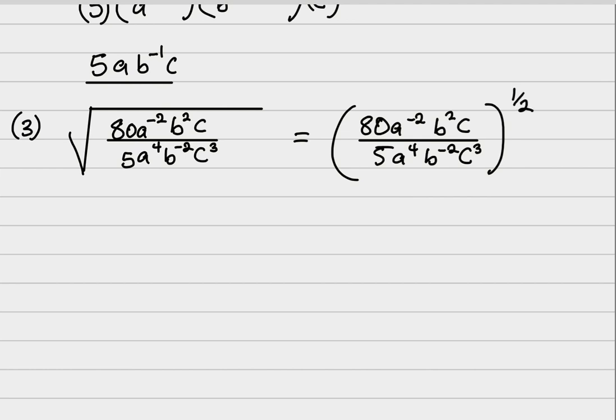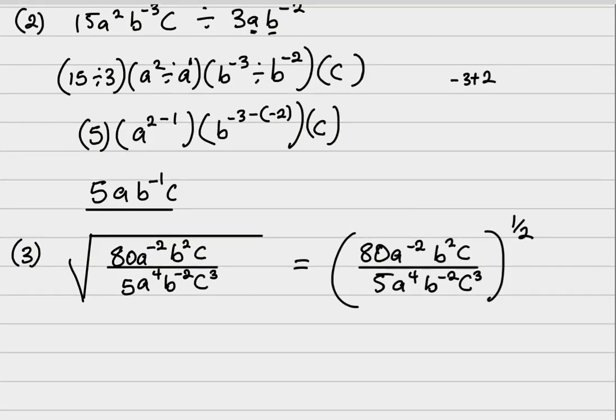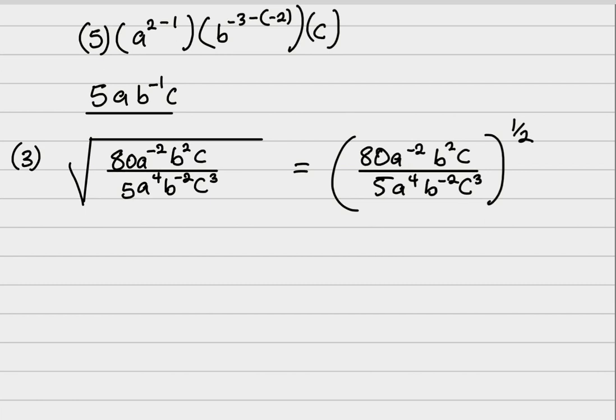Remember that root when we talked about the fraction law. So that is where it plays now. Just as we grouped our work in these previous examples, the same thing is going to happen here. I can have 80 over 5. I'm grouping it now. Then I have a raised to power minus 2 over a raised to power 4.